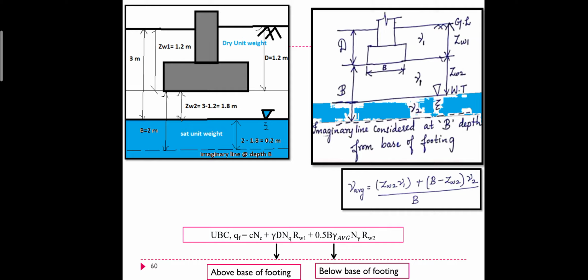Now below the base of the footing we encounter a dry portion of soil and a wet portion of soil. So there is a 1.8 meter dry portion. The remaining, that is 2 minus 1.8, which is 0.2 meter, you can see in this picture.